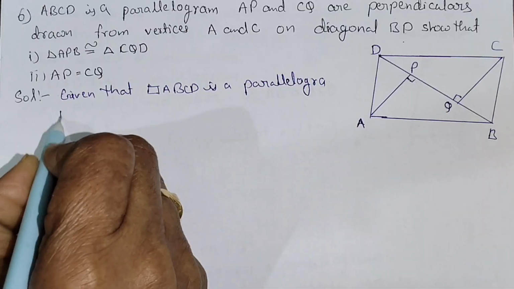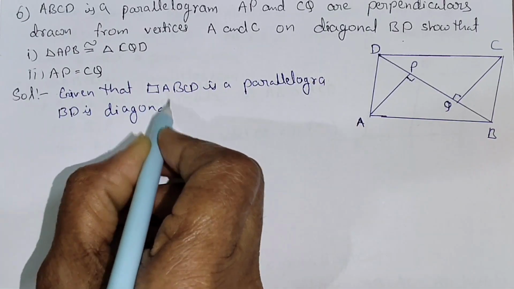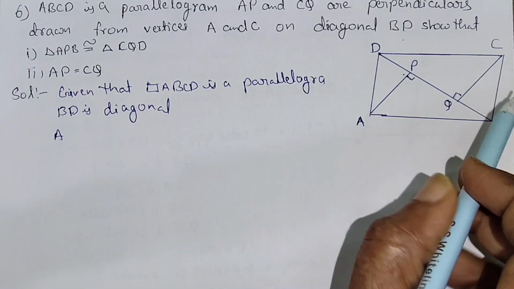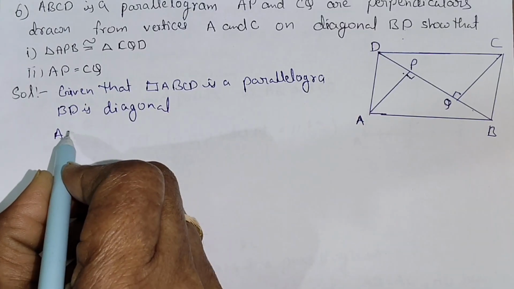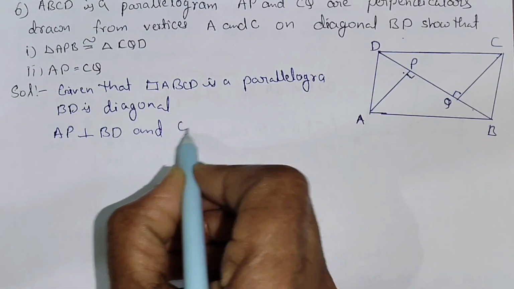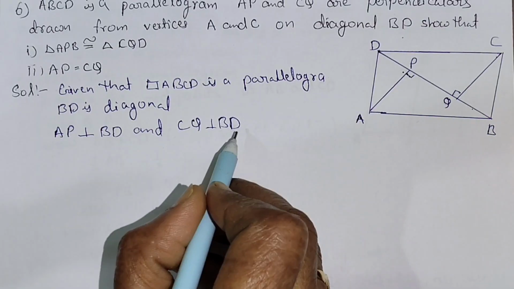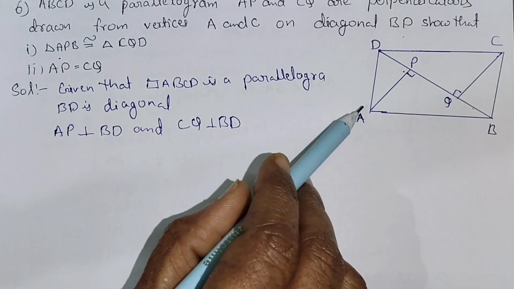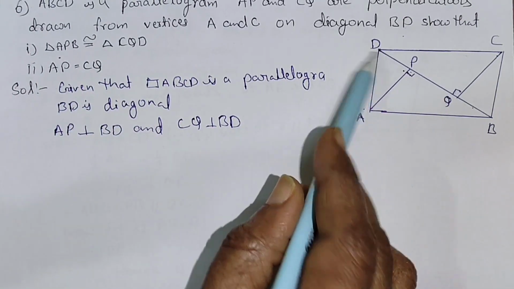So AP is perpendicular to BD and CQ is perpendicular to BD. First we prove that triangles APB and CQD are congruent.